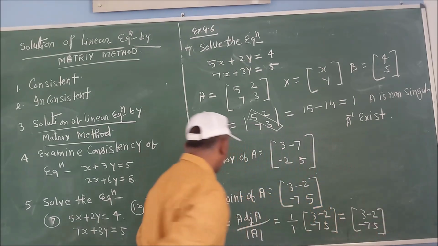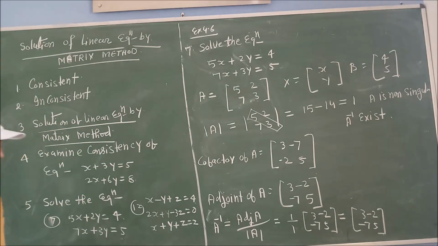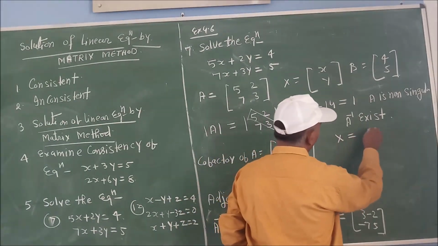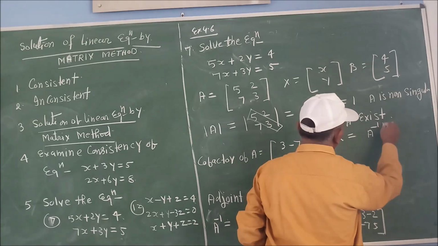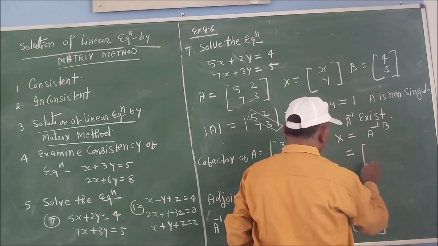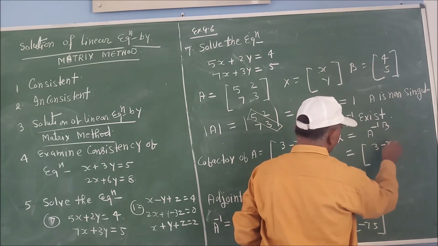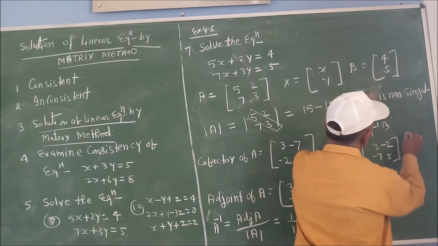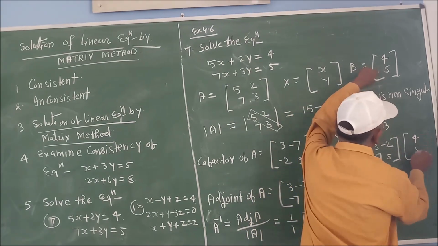So we have calculated the value of A inverse, and after that we have to find the value of x or y. So use the formula: as you know, X will be equal to A inverse B. A inverse you already know, [3, -2; -7, 5], and B is here, this is your [4, 5].